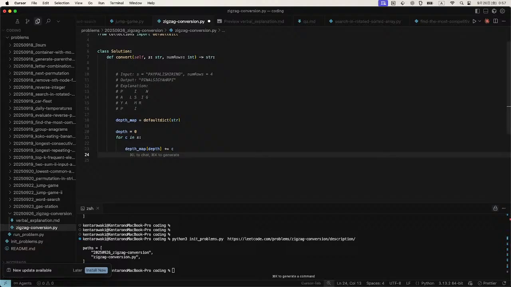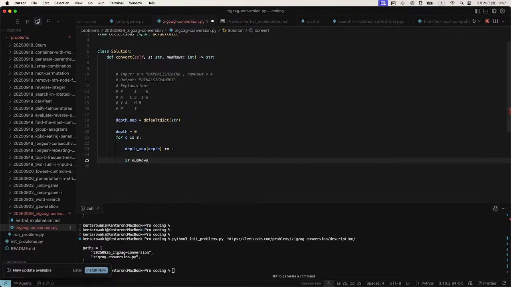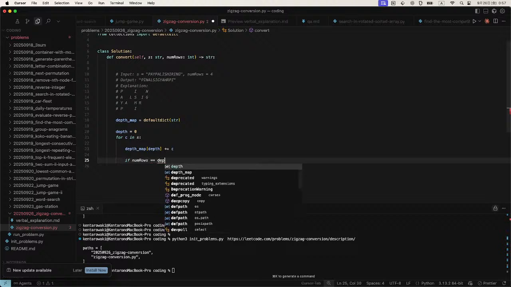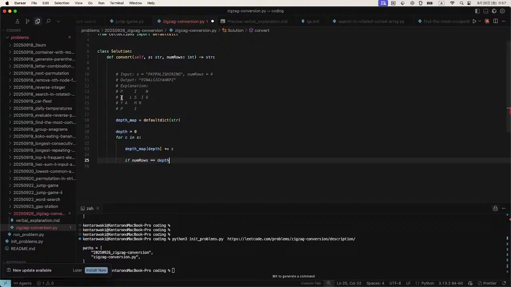So if num rows equals depth 0, 1, 2, 3, and in this case the number of rows minus 1 equals depth.